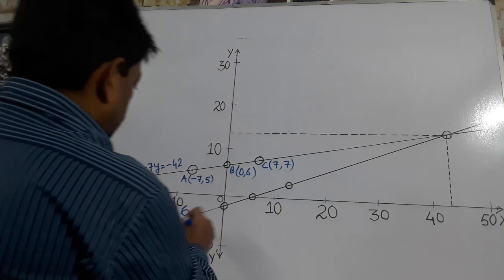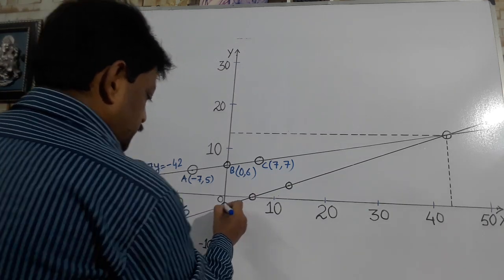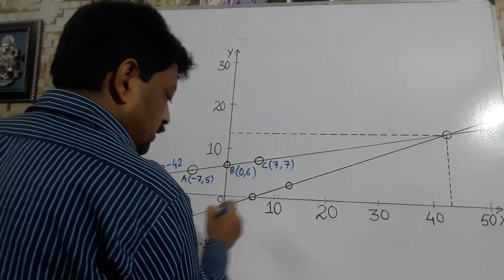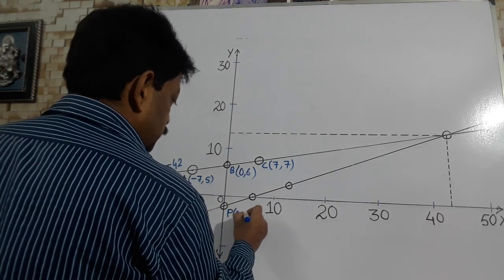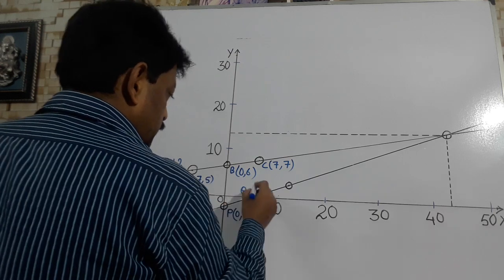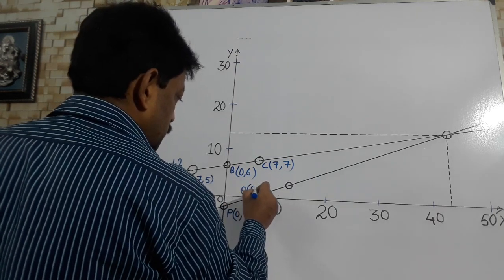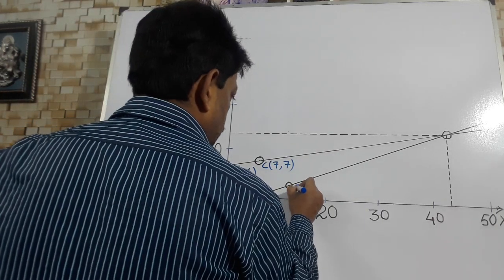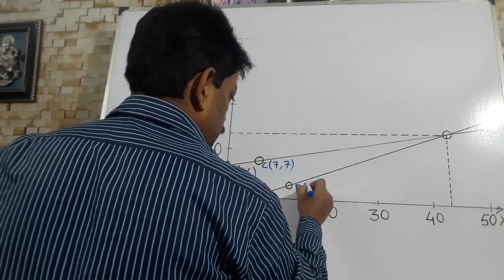This is the second line. This is P, as we have written in the solution set, 0, minus 2. This is Q, this point, so it is 6, 0, and this is R, it is 12, 2.